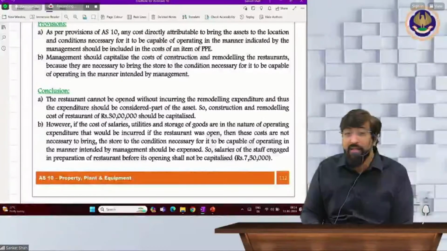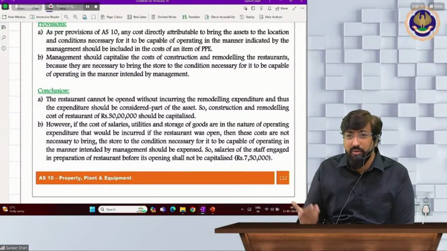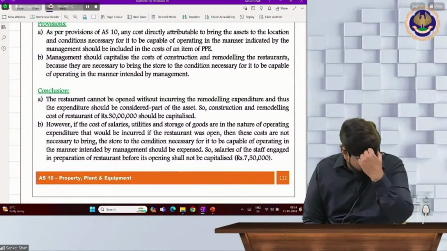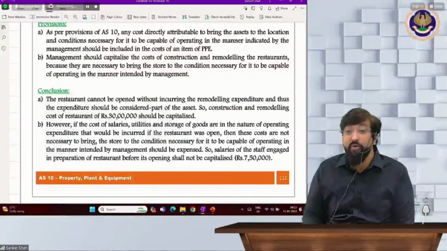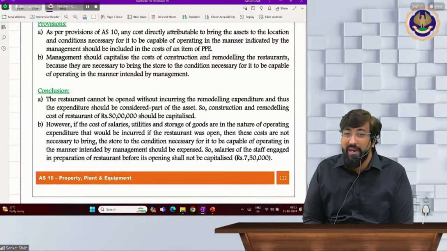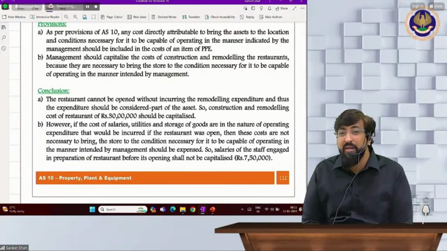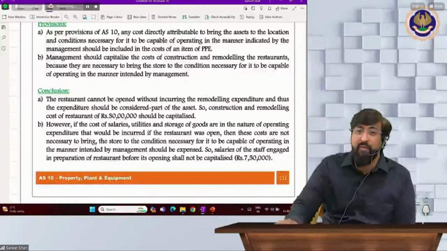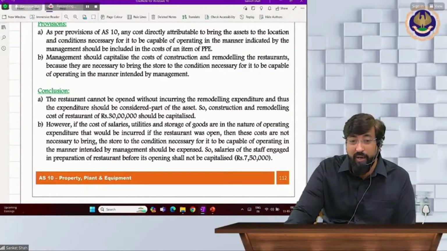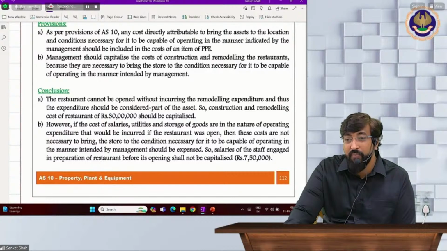In that case we are paying them salary because we don't want to lose them. They are our loyal employees and I want to retain them. So whatever expenditure I'm paying in that case is operating in nature, and therefore I will record this salary in the profit and loss account. Okay. So salary of staff and construction expenses would be included in the new restaurant renovation.